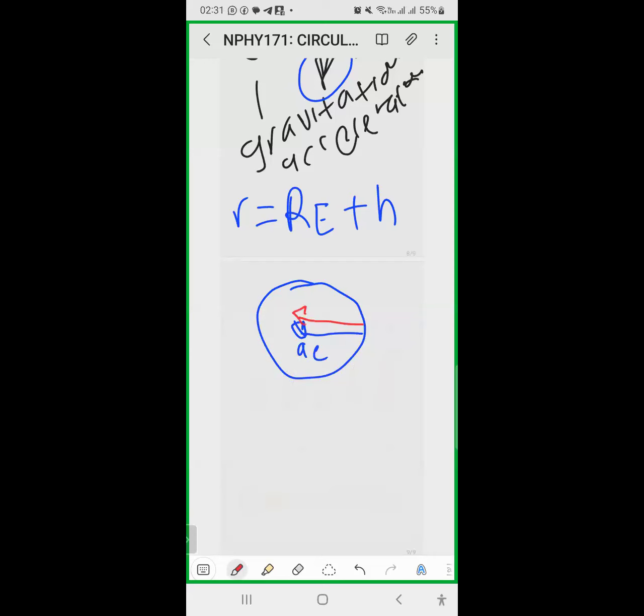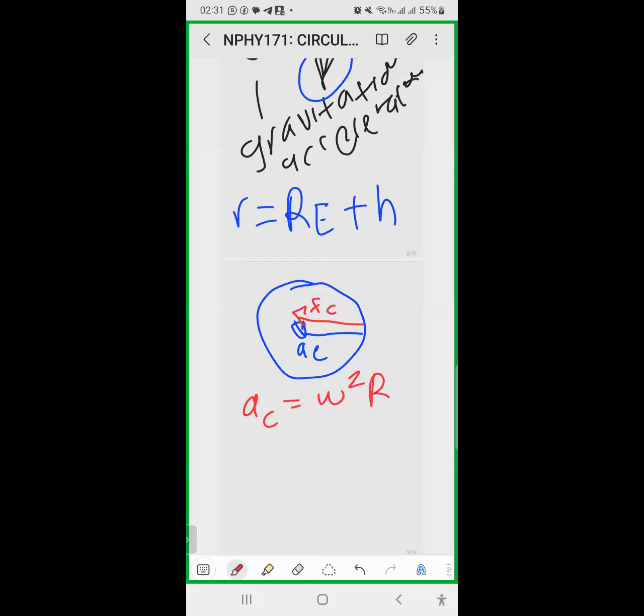And we know that this centripetal acceleration is given by omega squared r, right?